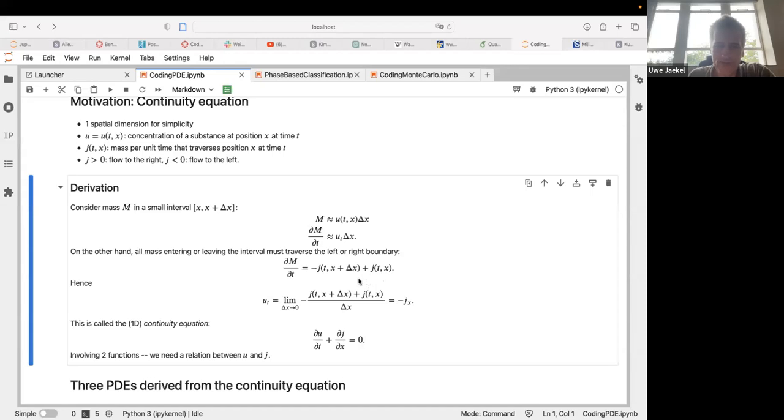So what do we see? We can also express the same quantity, dm over dt, by the difference of the flow on the interval boundaries.